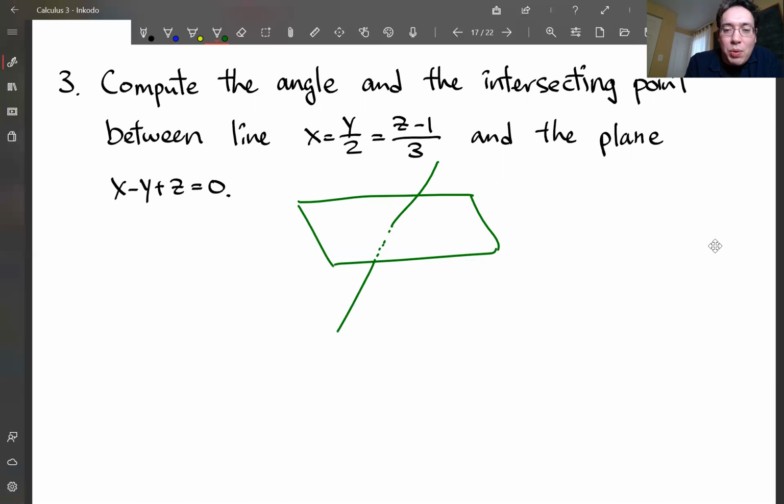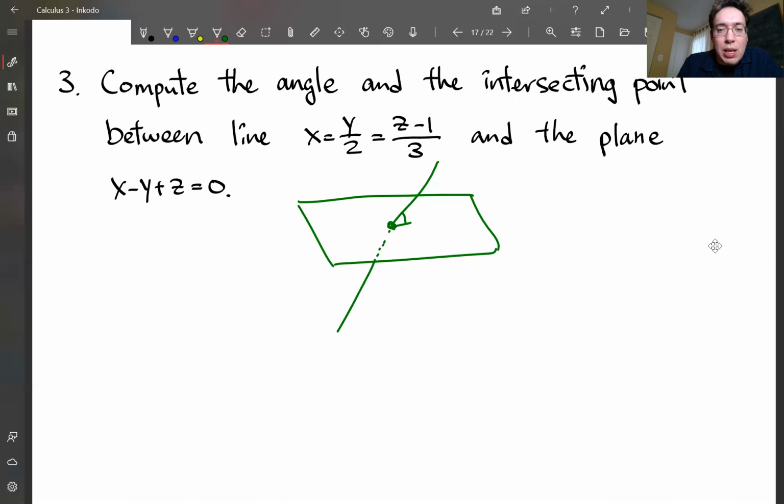Okay. So we want to find where they intersect. So that's one goal. And we also want to compute the angle it makes with the plane. Okay. All right. So let's find the intersecting point first, and then we'll tackle the angle question.